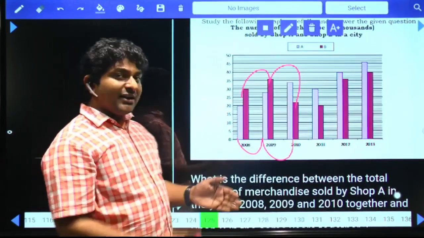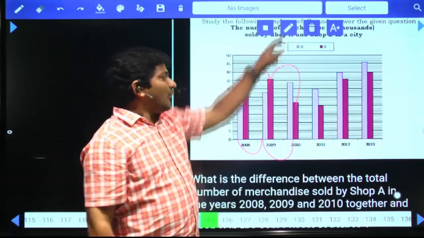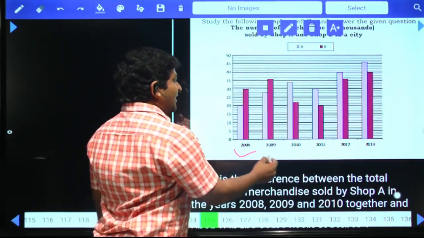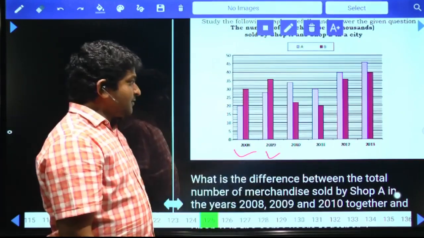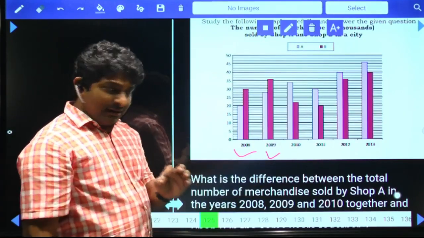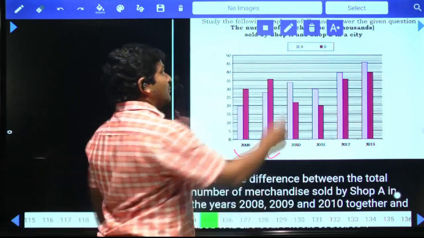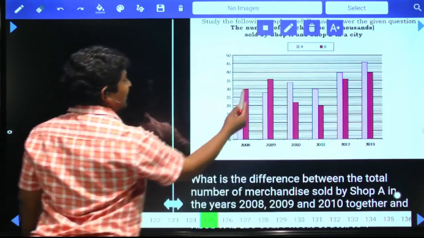Instead of that, let us go for individual difference. Out of these 3 years, here and here A value is less, but here A value is more. So order is very important. B value minus A value. Let's go for individual difference. 30 minus 20.